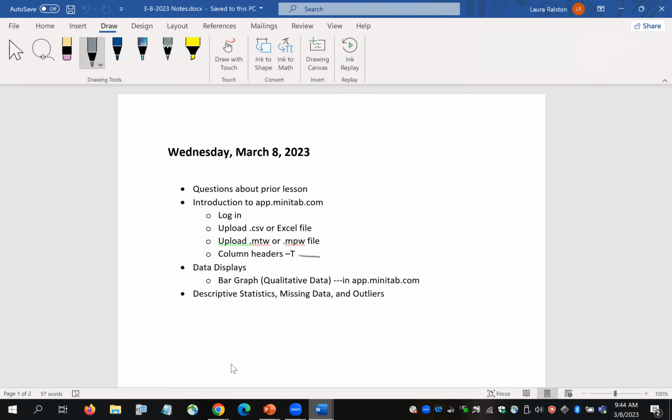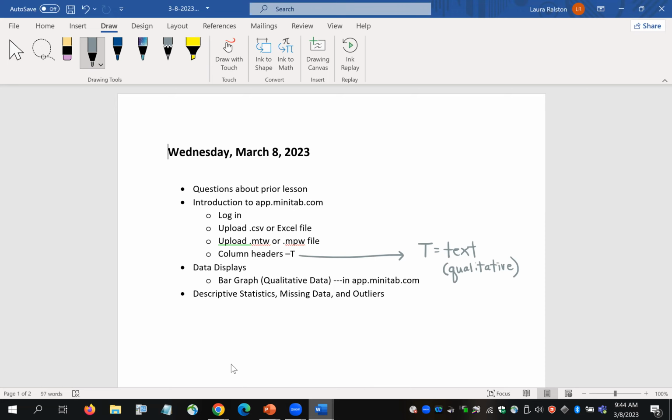The letter T in that column header stands for text. Minitab recognizes that that column of data contains qualitative data. Minitab is also smart enough, since it's words, that it's not going to let you perform mathematical calculations on that list.